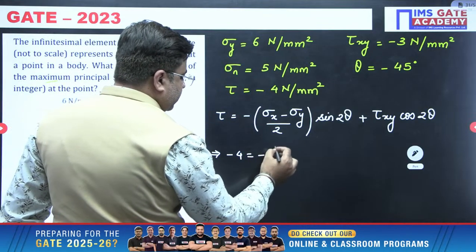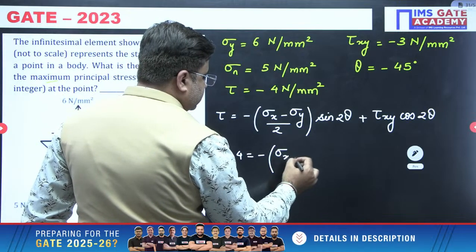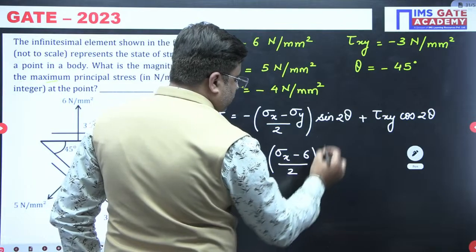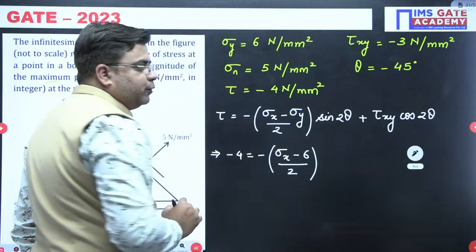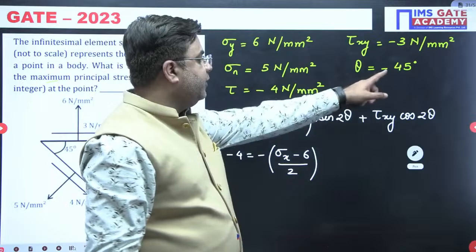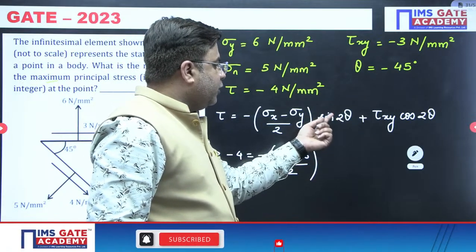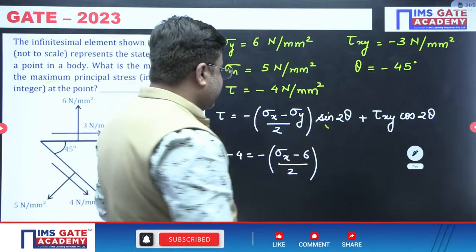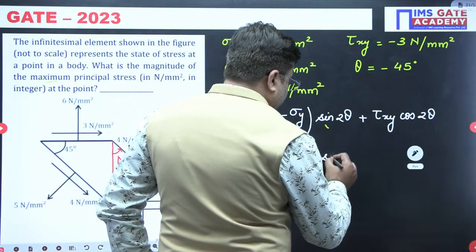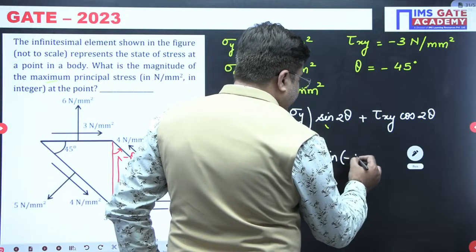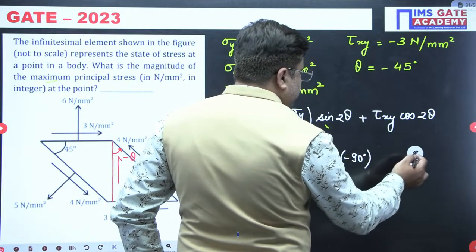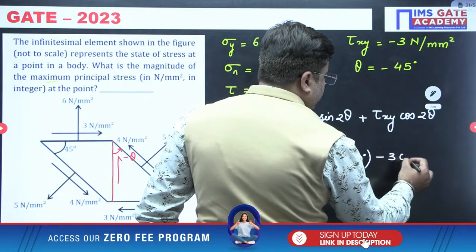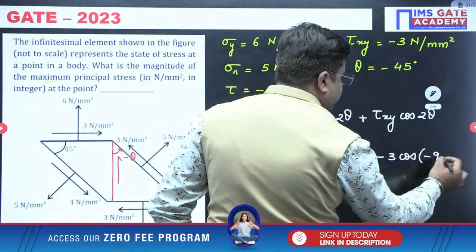This is equal to minus of sigma x minus sigma y, which is 6, by 2 into sine of twice minus 45 degrees. So this will be sine of minus 90 degrees, which will be minus sine 90, plus tau xy, which is minus 3, into cos of minus 90 degrees, right?